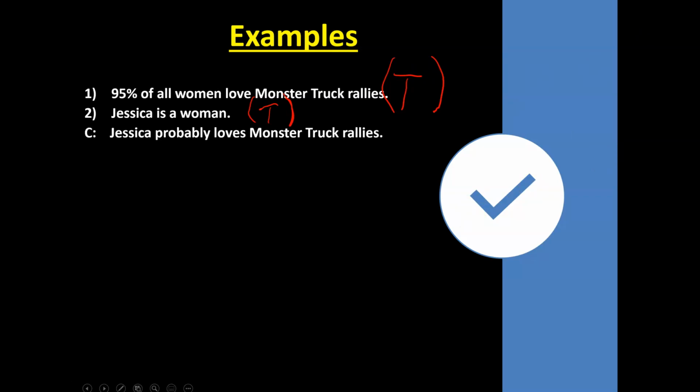That means this argument is strong. Since it's strong, you move on to cogency, and you ask yourself, is premise 1 in fact true? Is it true that 95% of all women love monster truck rallies? Nope. That's in fact false.